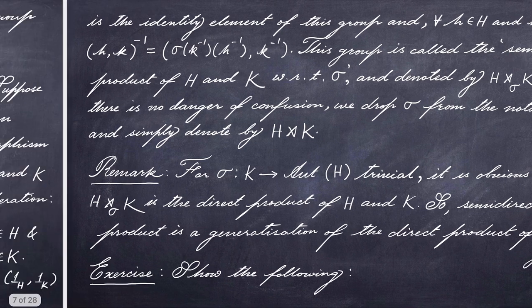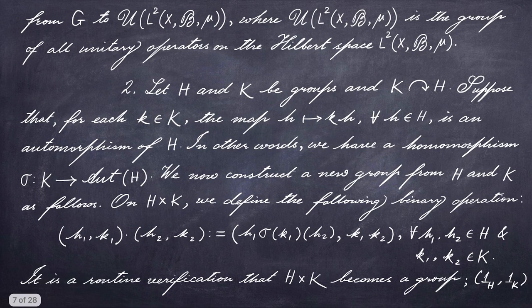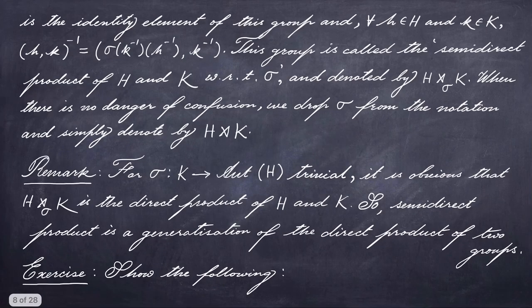For H we have H and K, and K to Aut(H) we have the homomorphism. So in the notation we will close the cross on the side of K and keep the other side open.